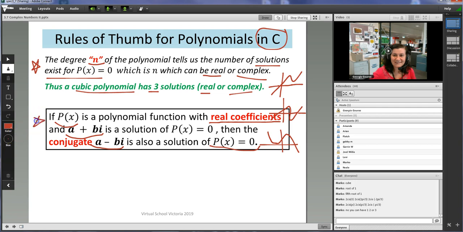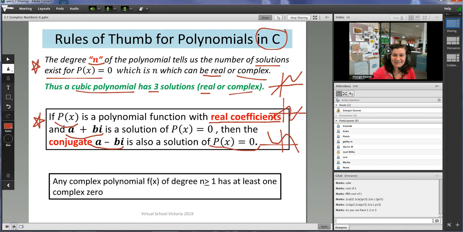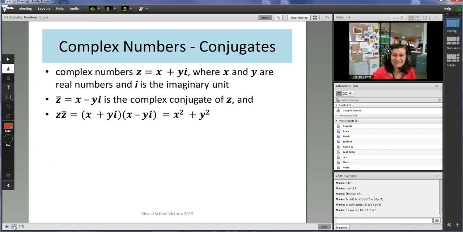Rule number 2, if a polynomial function has real coefficients and we find one complex solution, then the conjugate of that solution is also a solution as well. So this is kind of important. Any complex polynomial of degree n greater than or equal to 1 has at least one complex 0. Okay, which means one complex root. That makes sense. That's following on from rule number 1 here.